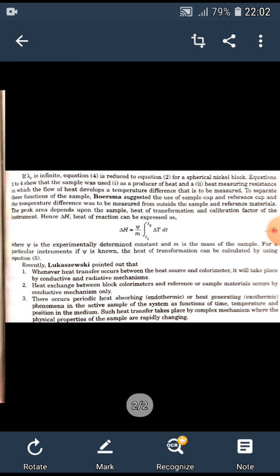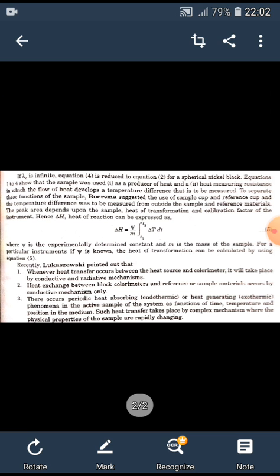There occur periodic heat absorbing, that is endothermic, or heat generating, that is exothermic, phenomena in the active sample of the system as a function of time, temperature and position in the medium. Such heat transfer takes place by a complex mechanism where the physical properties of the sample rapidly change.